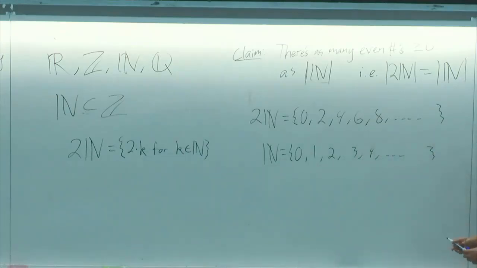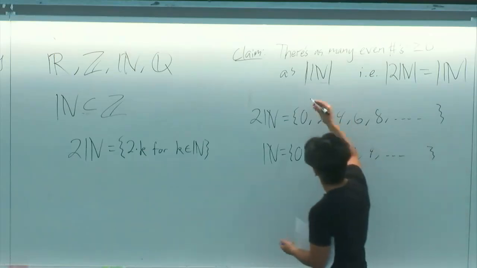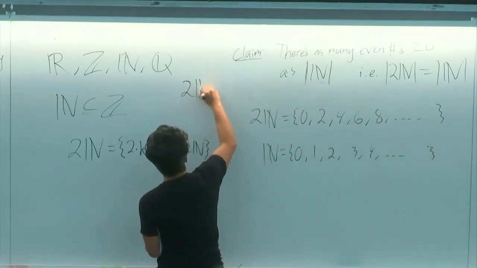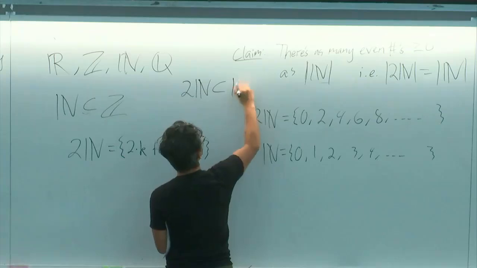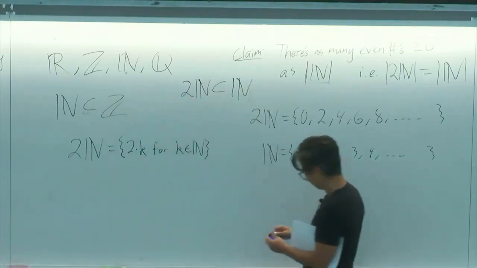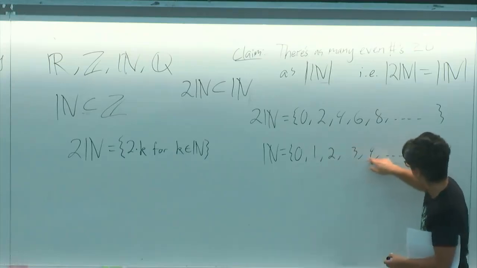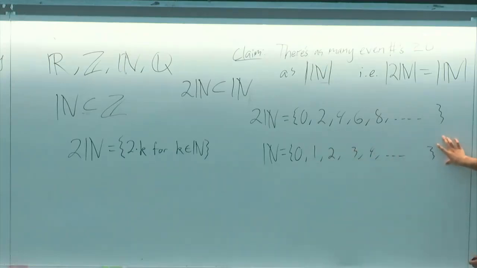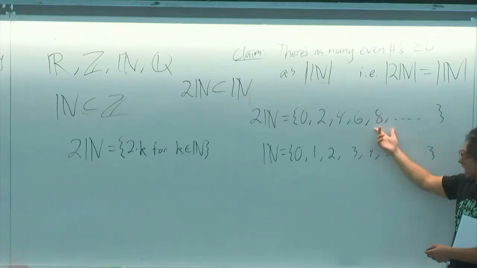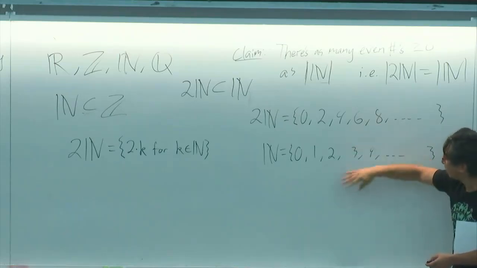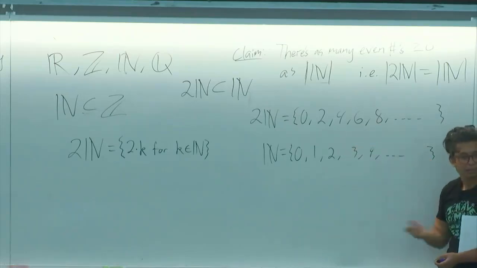And what's weird about this is that we know 2n is a proper subset of n. Like 0, 2, 4, 6, 8. There's 0, there's 2, there's 4. 6 will be over here. 8's over here. This seems like it's double the size of that. Like it has everything it has, and then the odd numbers as well. So how can they be the same size?